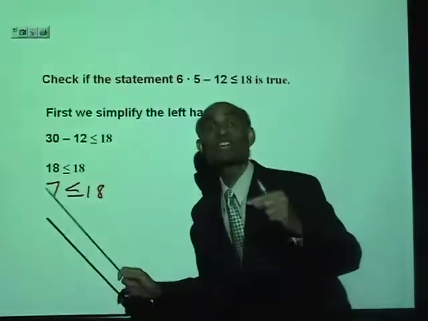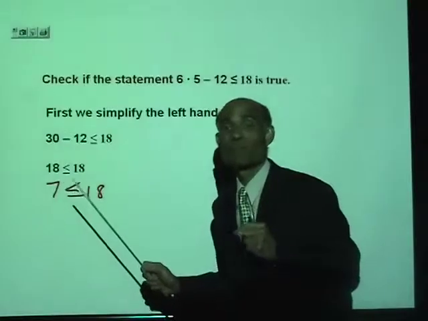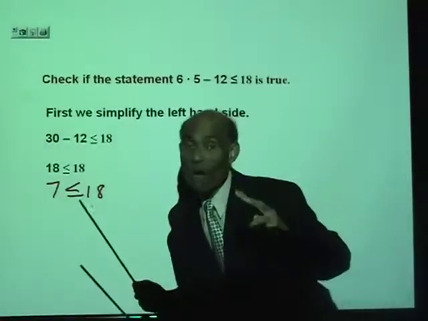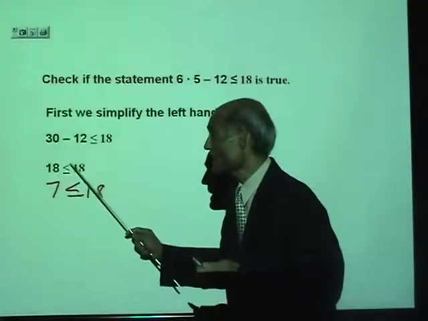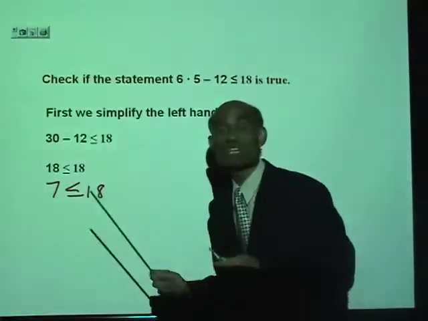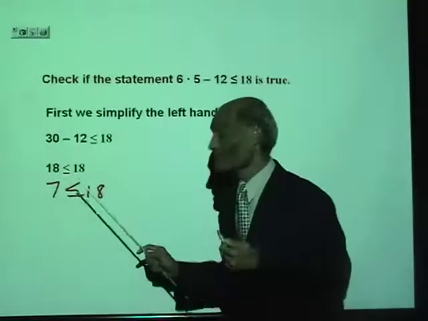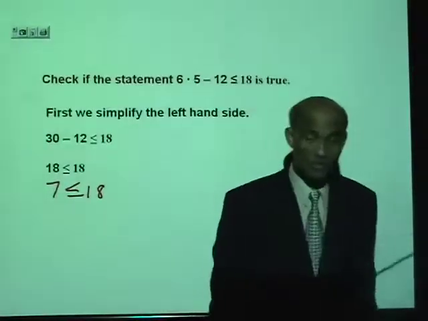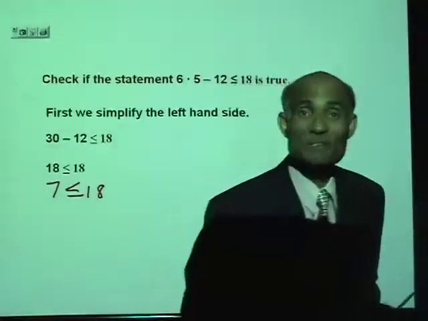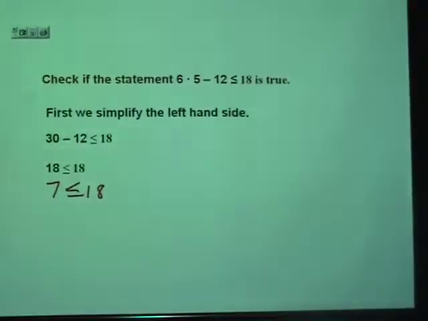Because 7 is less than 18. It is enough that one of them is true. So, 18 less than or equal to 18 is a true statement. Similarly, 7 less than or equal to 18 is also a true statement. Okay, let's go on.